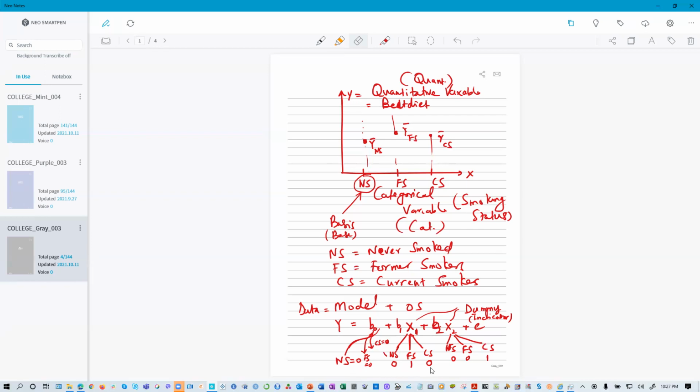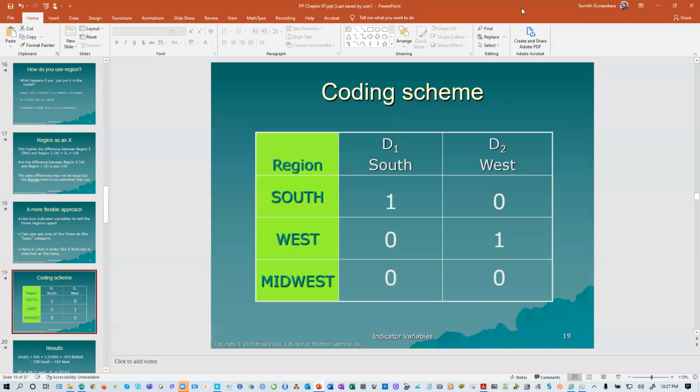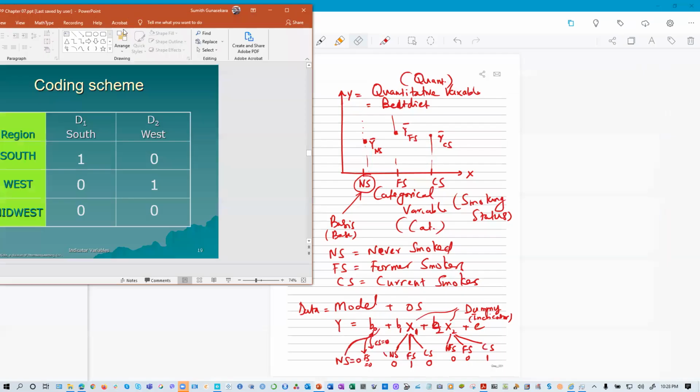That same coding, if I put it the same way like this, for the coding scheme of smoking status, I need the current one and this way and this way. You can say this is never smoked, former smoke, current smoke, in this way too.